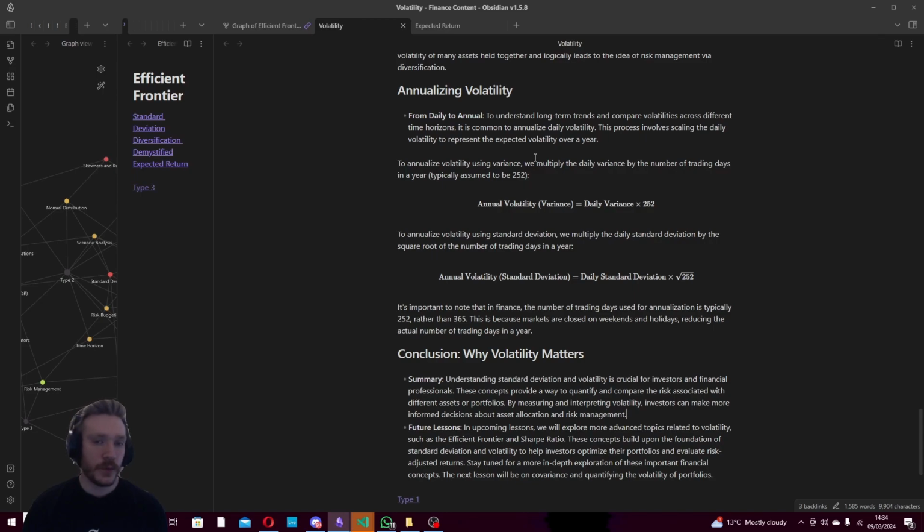The last important thing that we have to cover for this lesson is annualizing volatility, right? So if you've got your daily data from whatever data source that you've got, and you understand the volatility of your market, of your index, of your fund, of your particular set of stocks, right? How do you go from a daily volatility to an annual volatility or a monthly volatility, and then do monthly or annual forecasts, right?